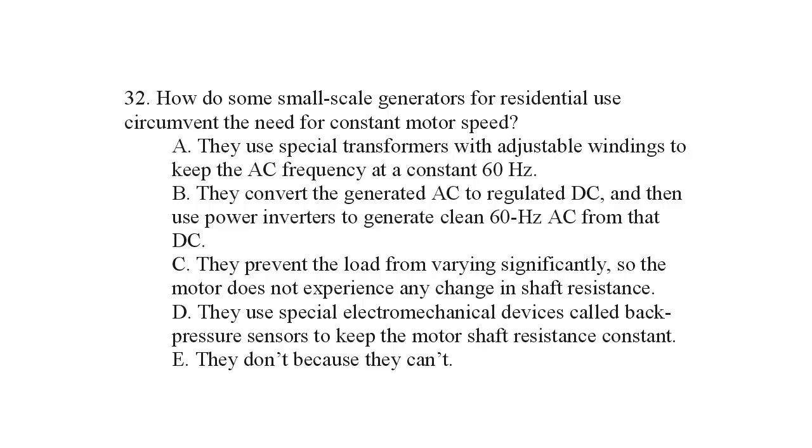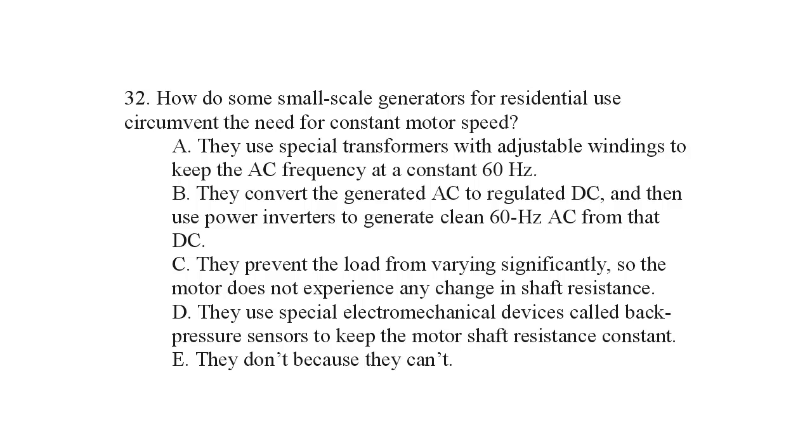In order to get that frequency of AC out of a generator that has just a motor running it and nothing else, we need to make sure that the motor, that engine or whatever it is, turns at exactly the same speed, 60 revolutions per second. In the United States, that would be 3,600 revolutions per minute, or 3,600 RPM, or 3,000 RPM if you want 50 hertz out of the generator.